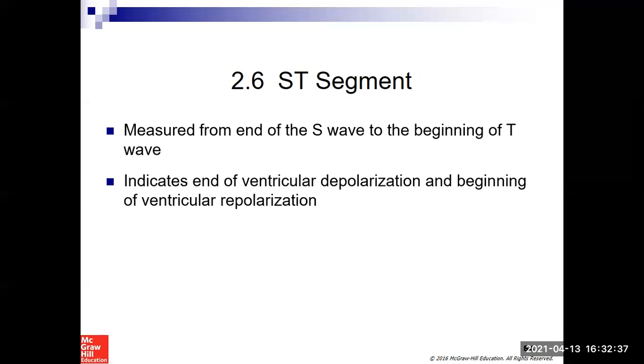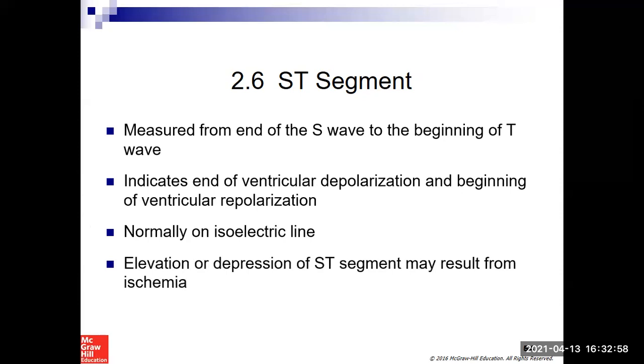It indicates the end of ventricular depolarization and the beginning of ventricular repolarization. That's the ST segment, and it's normally on the isoelectric line. Elevation or depression of your ST segment may result from ischemia. Ischemia is that period of lack of oxygen. If it's elevated above the line or depressed below the line, it may be due to ischemia.